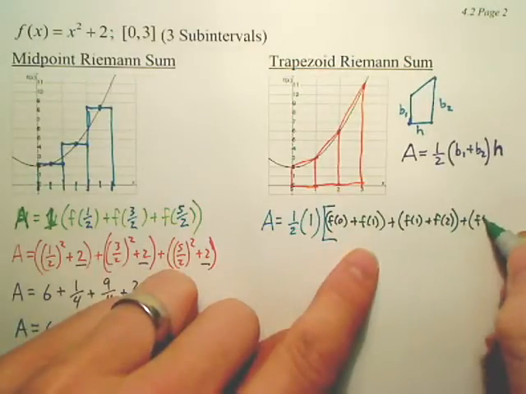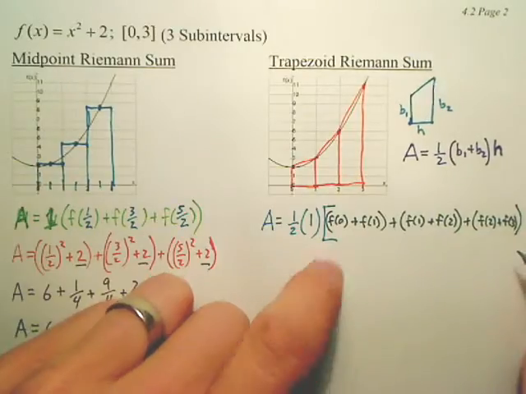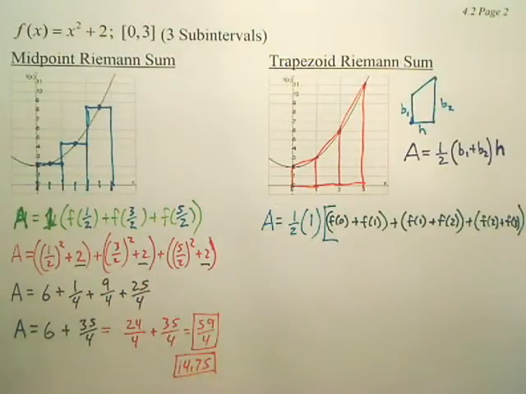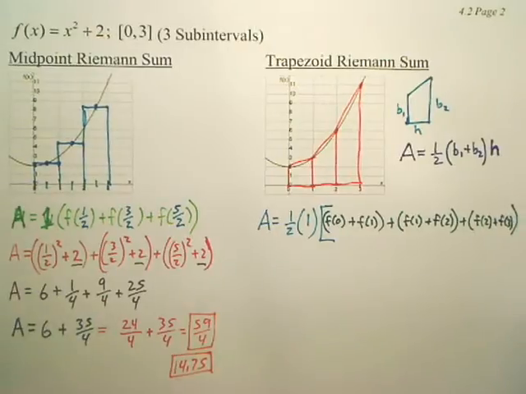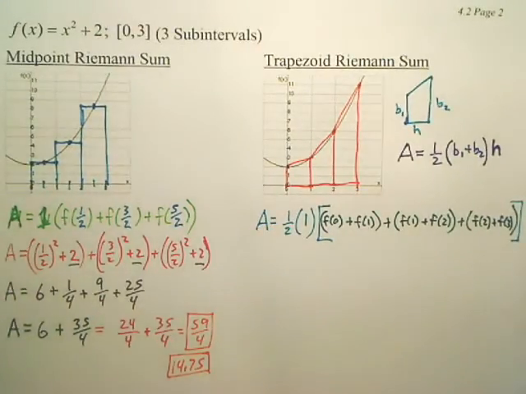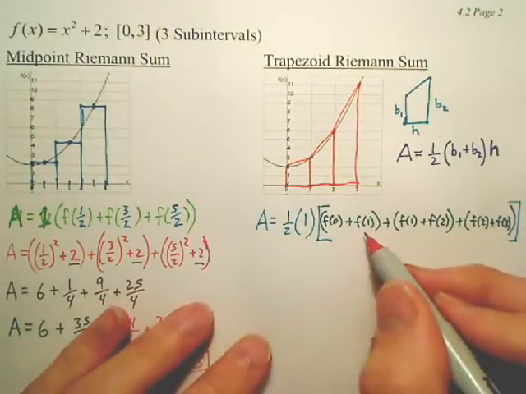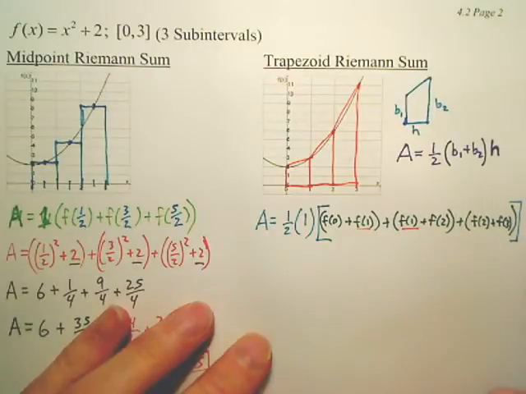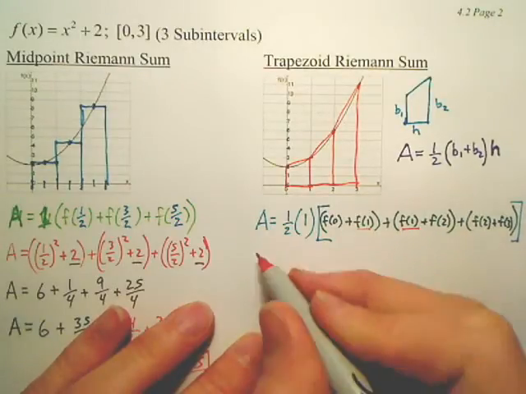And then isn't it f of 2 plus f of 3? Now look real carefully. How many times do we have f of 1? Twice.